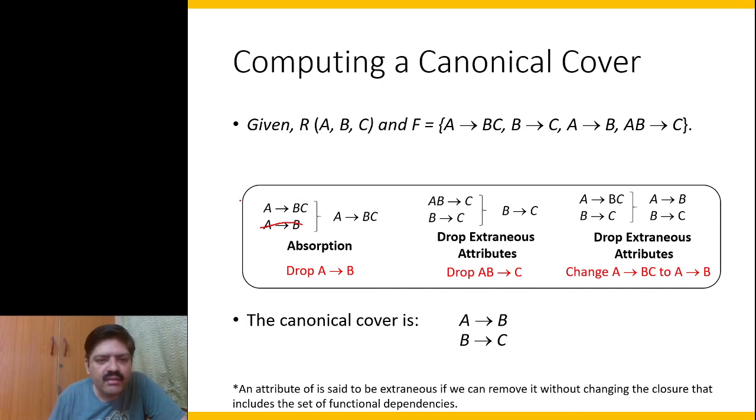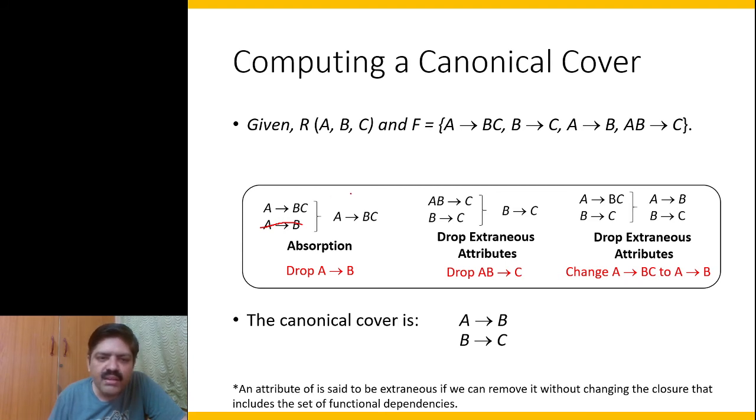Why? Because A determines BC simply means that A determines B and A determines C. So that's what it implies. So you don't have to have another explicit functional dependency A determines B. We can also drop extraneous attributes, as in this case, like what we discussed in the previous slide.